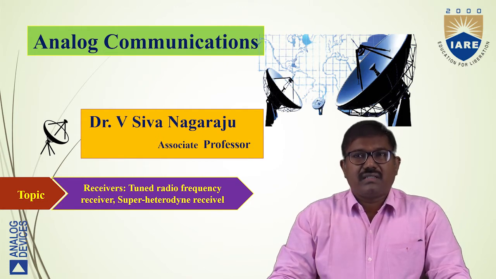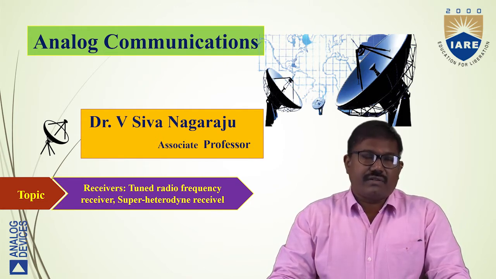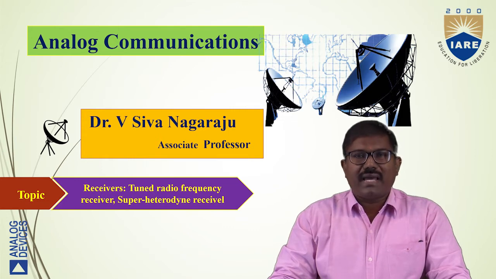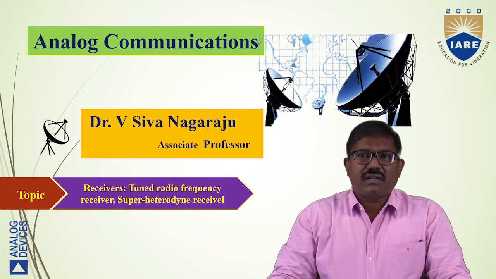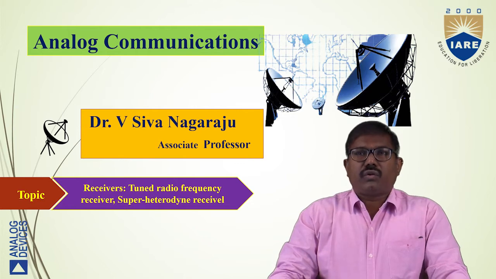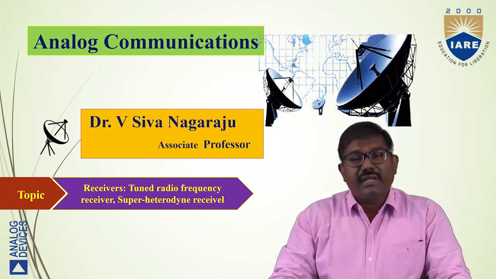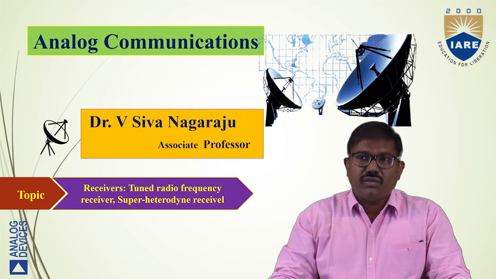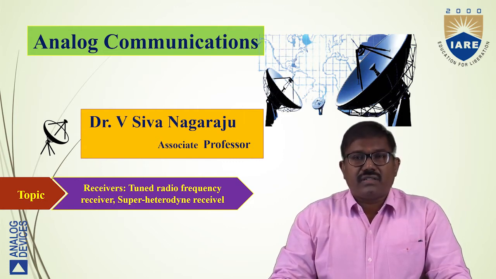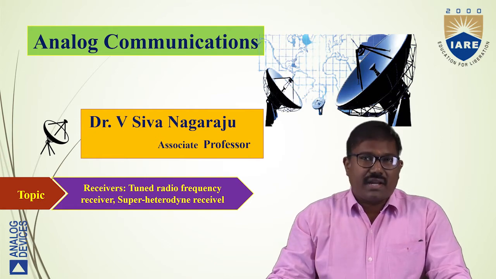One is the tuned radio frequency receiver, simply called TRF, and another one is the super-heterodyne receiver. We are going to discuss these two receivers, and their merits and demerits, in the coming slides.